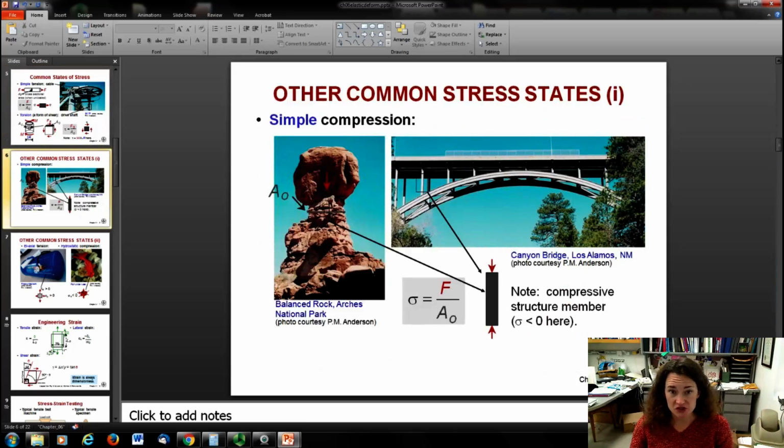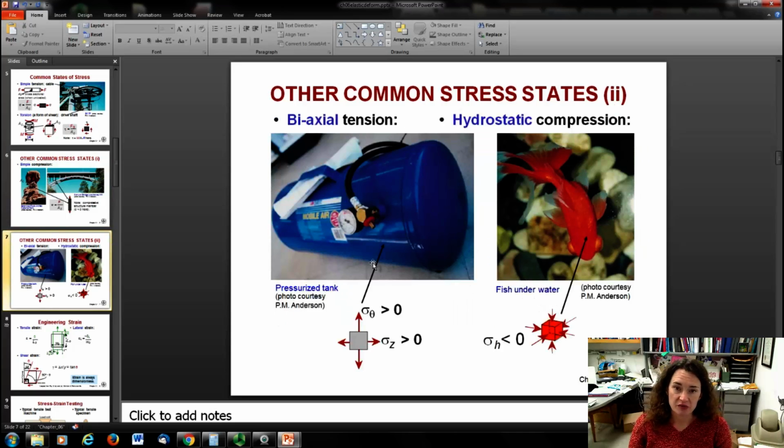Some other common stress states are compressive stress. So for example, this is common in bridges. You have to worry about not being pulled this way, but being pushed on from either end. Okay, that's a compressive stress. And also, you can apply sort of a volumetric pressure to something. So, for example, if you are in a submarine and you're going down to really strong depths, you're under hydrostatic compression.